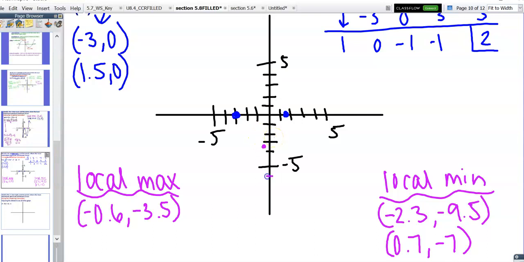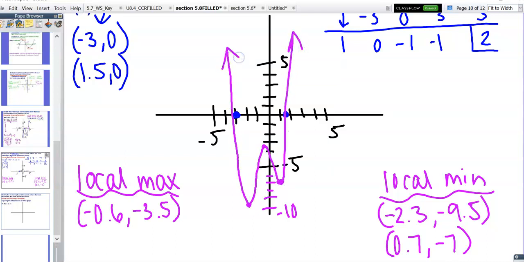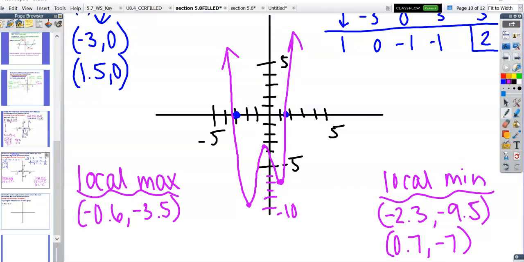Need to draw in a few more lines here. And then just like what the graph showed us, we can draw the rest of our graph.